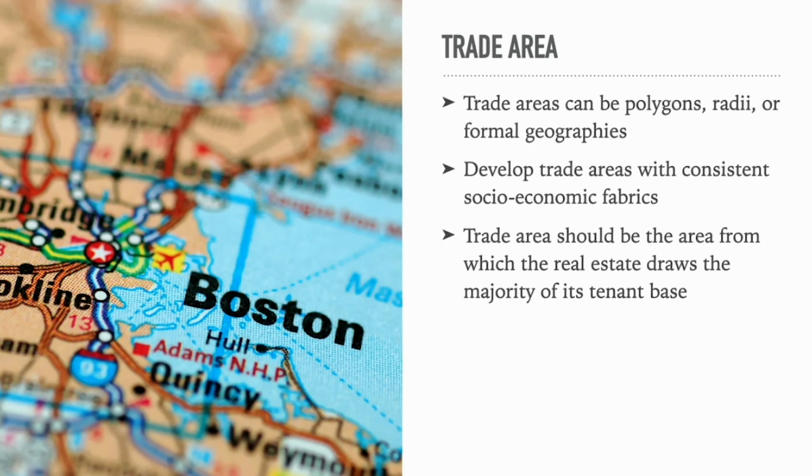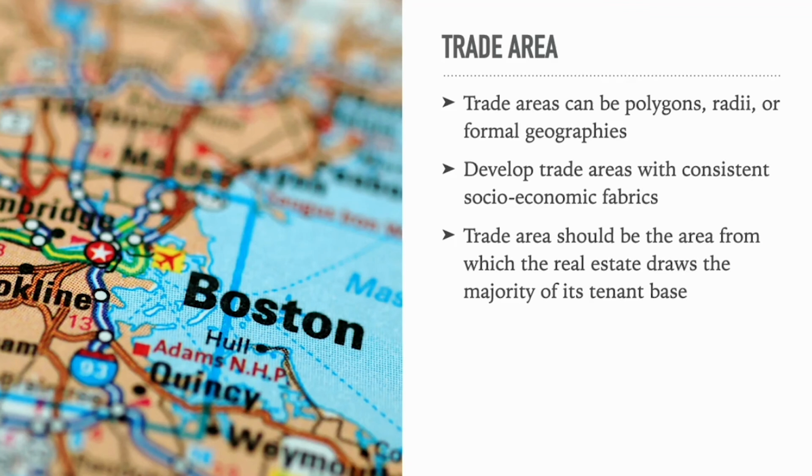And typically what we do with polygons is we use them to identify trade areas that we know tenants tend to travel. So tenants, the area from which the majority of tenants would be drawn to a specific property type. So for example, if you said Woburn, Massachusetts, warehouse requirement, you have an owner that warehouses and distributes goods out of Woburn.